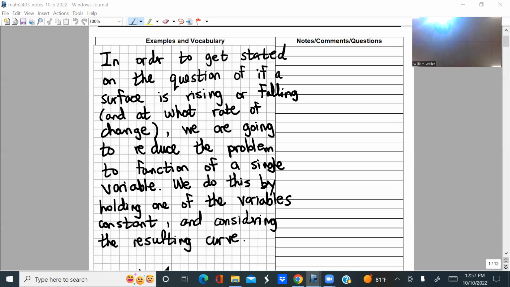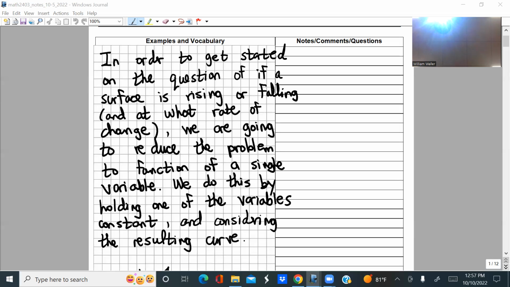So the way we're going to reduce this from a function of 2 variables to a function of 1 variable, the way we're going to move from calculus 3 back to calculus 1, is in my function formula, I'm going to think of holding one of the variables constant. I'm going to think of holding either x or y constant.